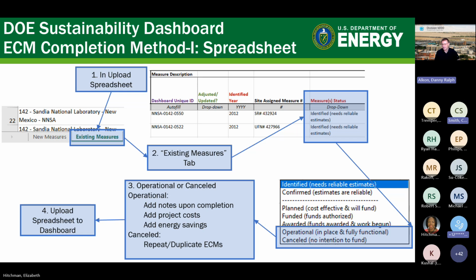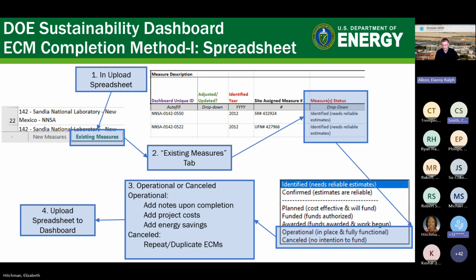Under that, there's a measure status, and that has a pull down. You have two selections for measures that are completed. It's operational, and we highly suggest adding notes on the completion, project costs, and energy savings.